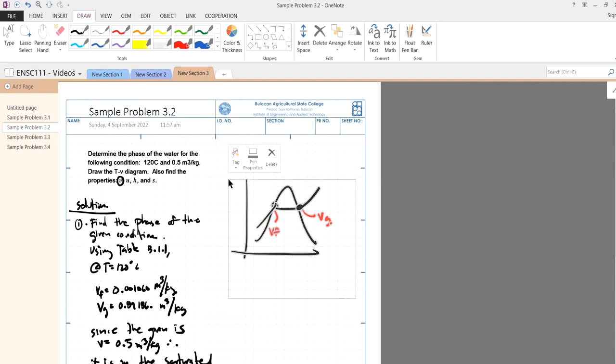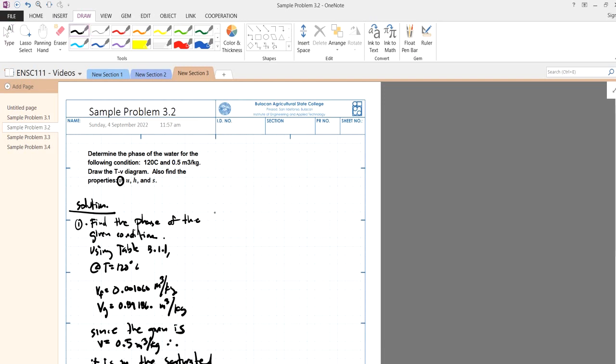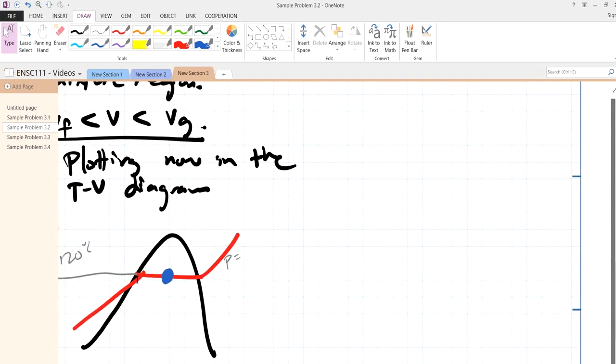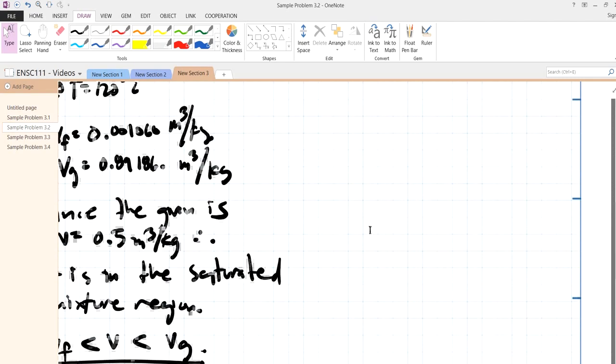Okay, next one is, since we are in the mixture, we know this value vf, we also know the v here, and we also know the vg.